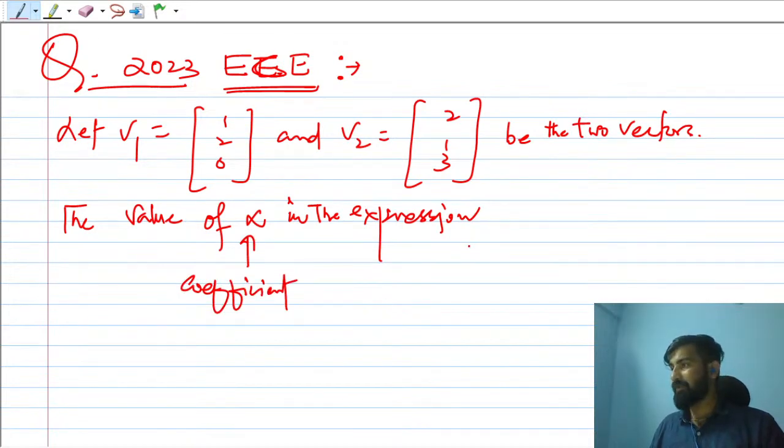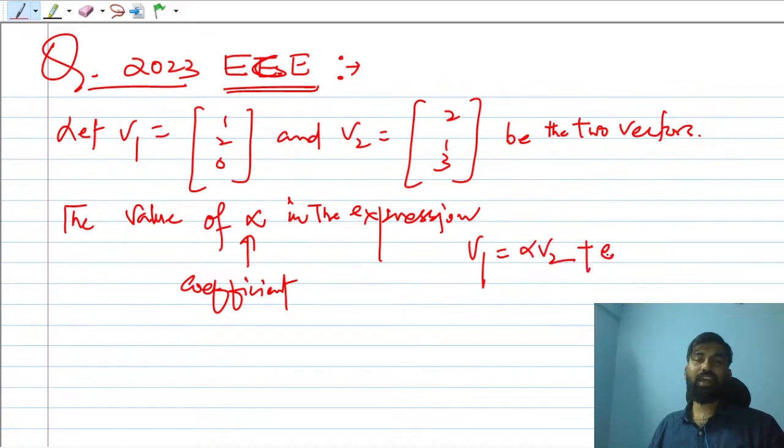What expression they have mentioned here is v1 equals alpha times v2 plus error, which minimizes the length of the error e. You have to find the alpha value so that the length of the error can be minimized. That you have to keep in mind.